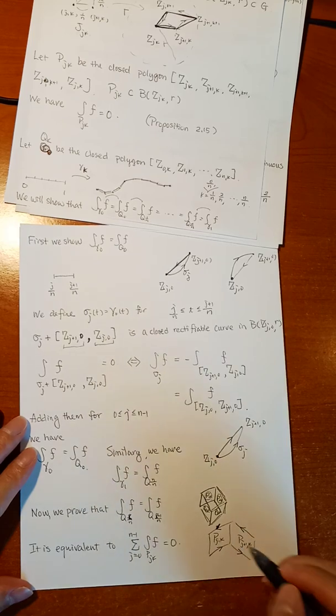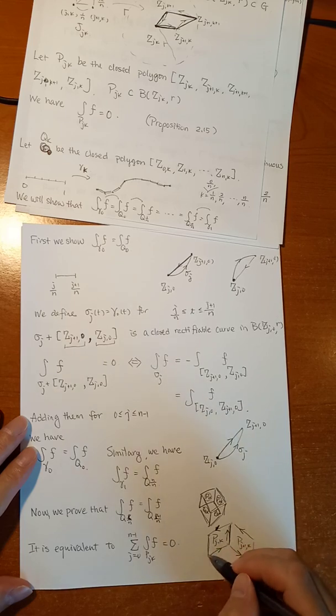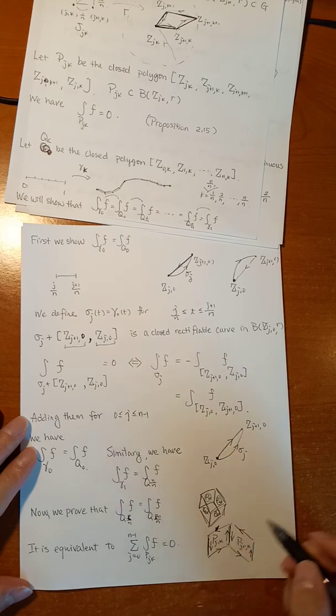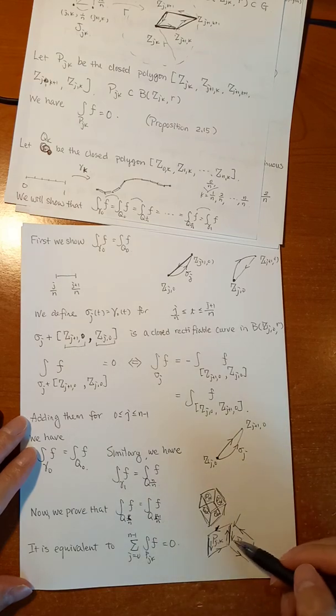And then for pjk, you use this vertical side upward, this vertical side downward. But for pj plus 1k, it uses this right side upward and this bottom side downward. So you check here, one is up, one is down, so it cancels.